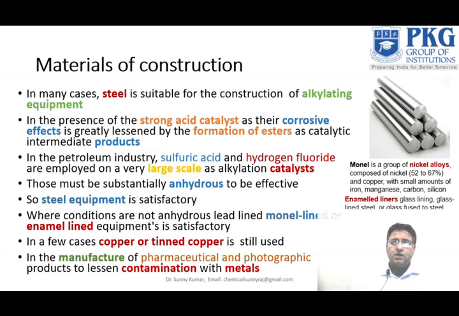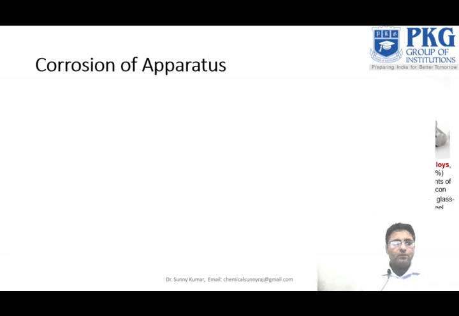This lining is very important, and the material we use should not interfere or react with the intermediate products, the catalyst, or the product. So next the parameter will be the corrosion of the apparatus. So we are discussing the corrosive equipment.